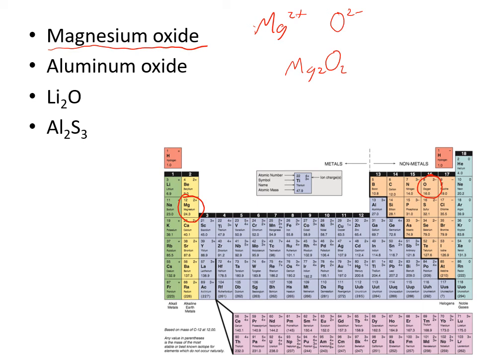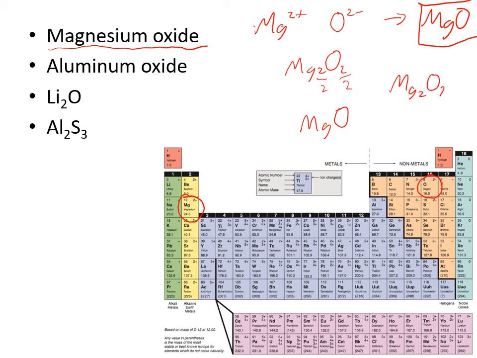What you'd have to do is realize I have a common denominator, so this would become just MgO. If you use the zeroing method, you should realize that 2 plus and 2 minus already has a total charge of 0, so we just use 1 Mg and 1 O, so it's just MgO, and that's the right answer. Do not write Mg2O2. This is wrong. It should be MgO.